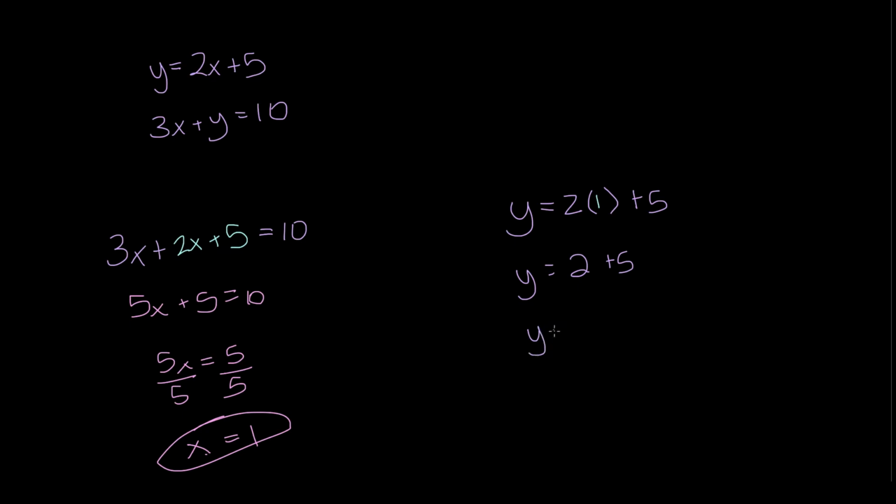And so y is going to be equal to 2 plus 5, which is 7. So our y value is going to be equal to 7. Now that we have both the x and the y coordinates, we're going to write it as a coordinate pair, with the x value as 1 and the y value as 7, as we solved for. And this is our final answer.